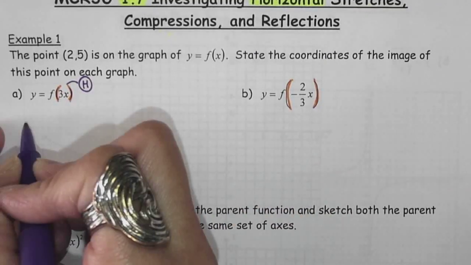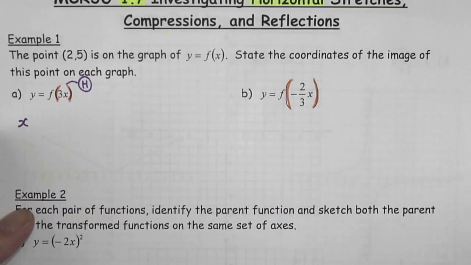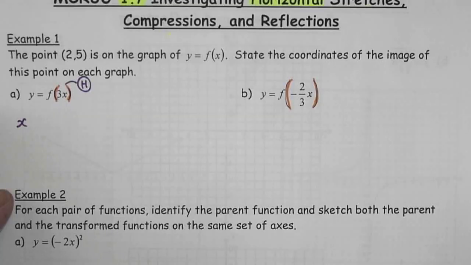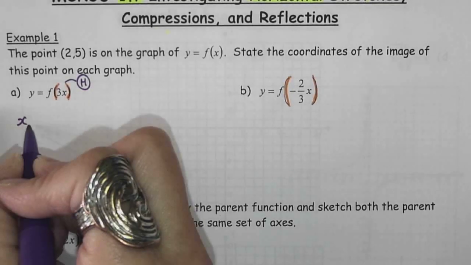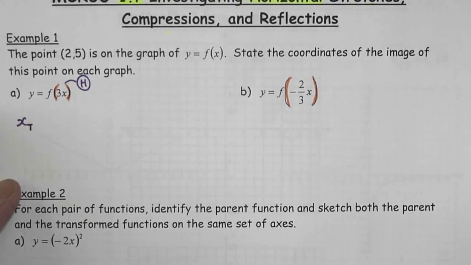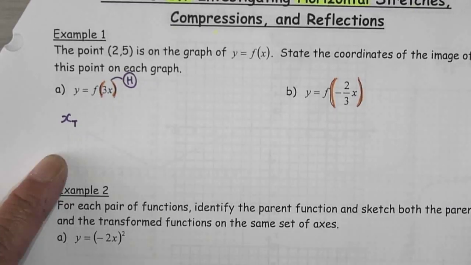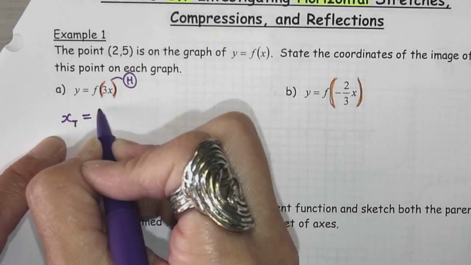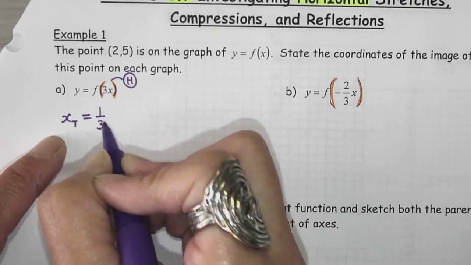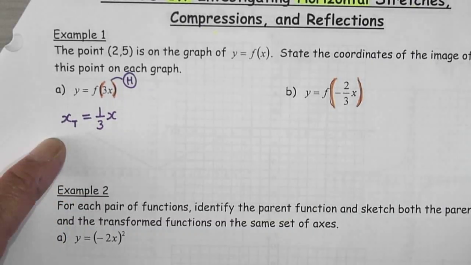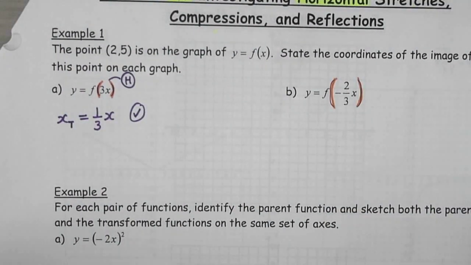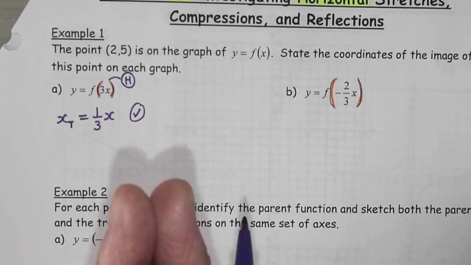So I'm going to make an equation. My new x, my transformed x, I'll do a little subscript t, x_t. My transformed x is going to be 1/3 times my original x. My x is going to be a third as wide.